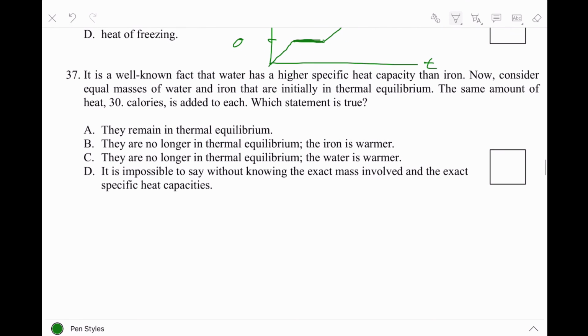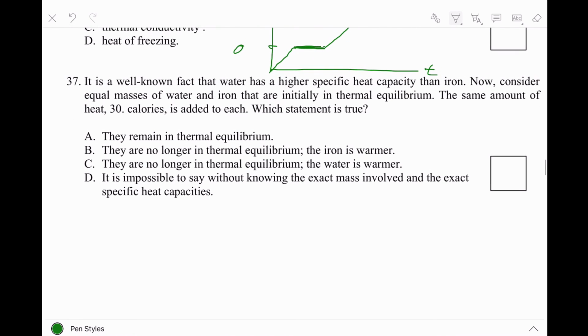It is well known that now let's look at specific heat. This is mc delta T. Can you see it? Now you have water and iron. They're thermally, so you put the same Q, but because the same mass, now consider equal mass, so the mass the same, so this is a constant.